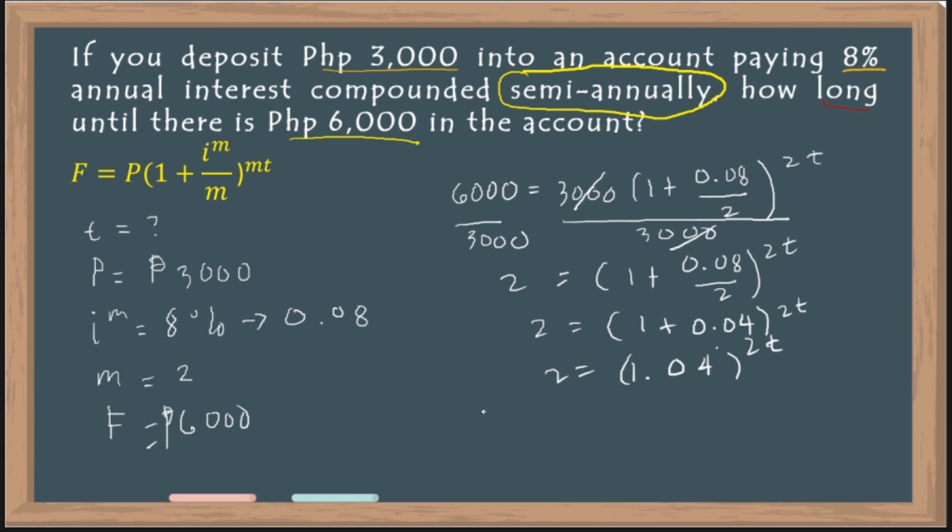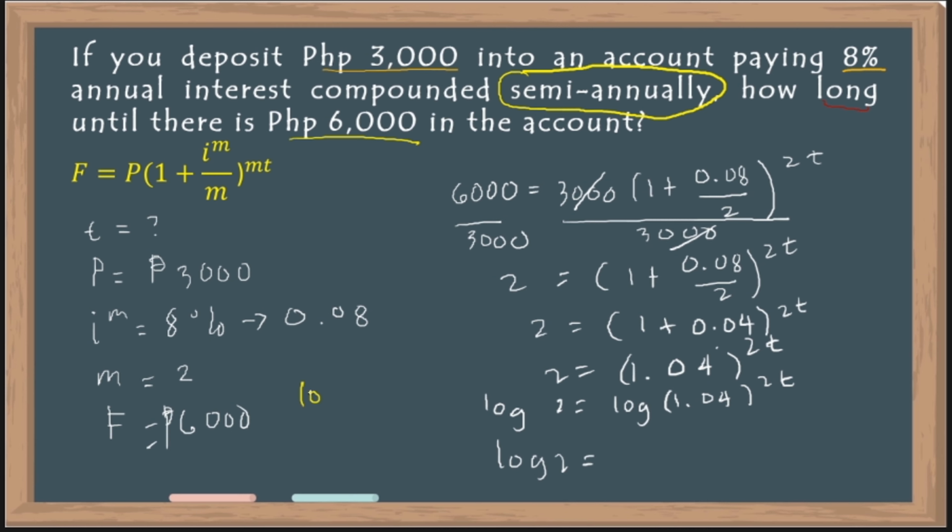Okay? So, we write log 2. So, kung maglalagay tayo ng logarithm dito, kailangan meron ding logarithm sa kabilang side ng equation. Okay? So, we have logarithm 2 is equal to, meron tayong property sa logarithm, no?